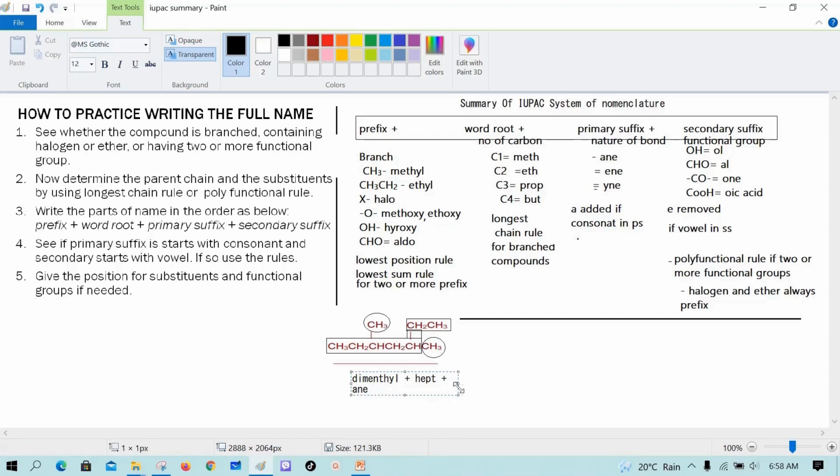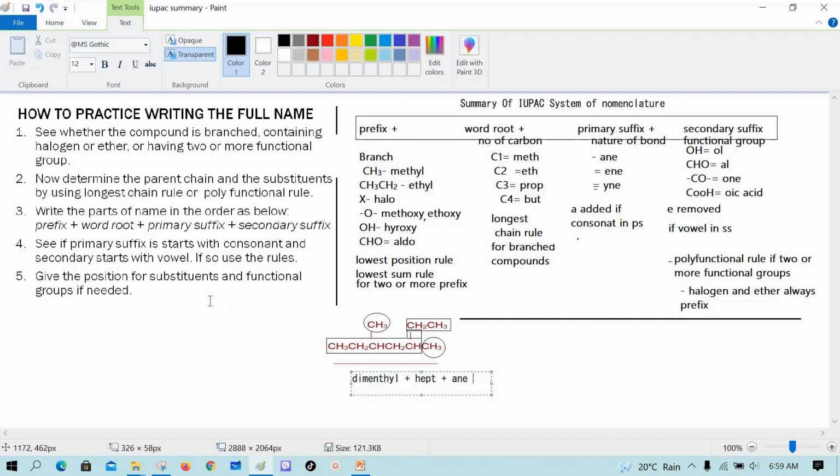So dimethyl, hept, ane. Once we are done with this third step, we should see whether the primary suffix starts with a consonant letter. No, it's a vowel letter, and there is no secondary suffix, so we don't need to worry about these steps.